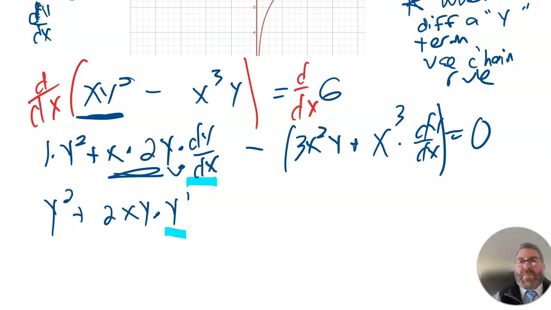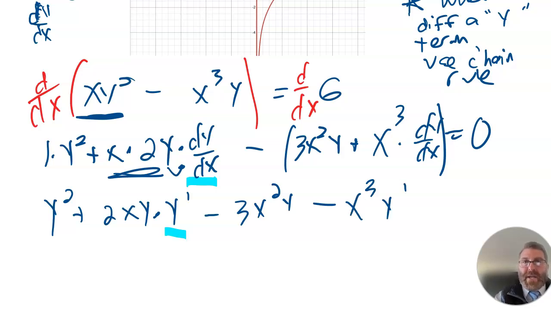I'm just going to call dy dx y prime. Minus, now I'm going to distribute the negative sign. It's minus the whole product rule, which I already did. So it's going to be minus that 3x squared y minus that negative sign distributes x cubed y prime. I just renamed dy dx y prime, same thing.